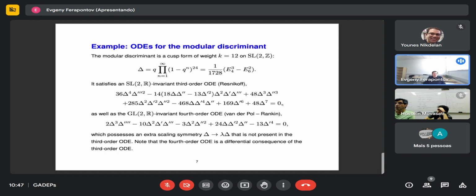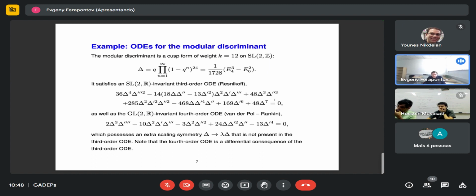I want to stress that if you just differentiate this equation and take the result, it won't be GL2R invariant. You have to use this equation to simplify the result to get a GL2R-invariant equation.